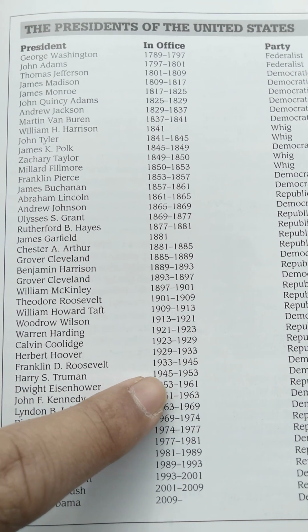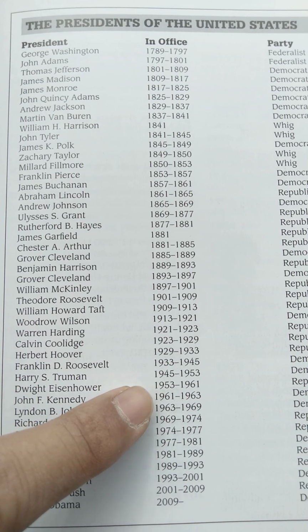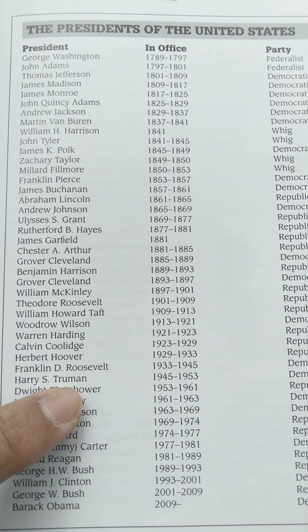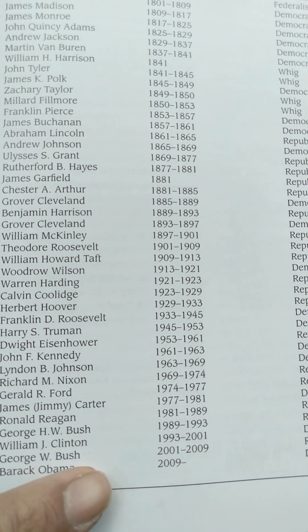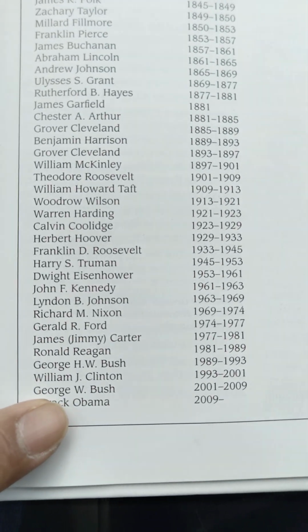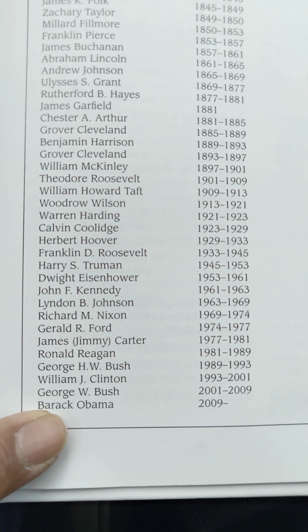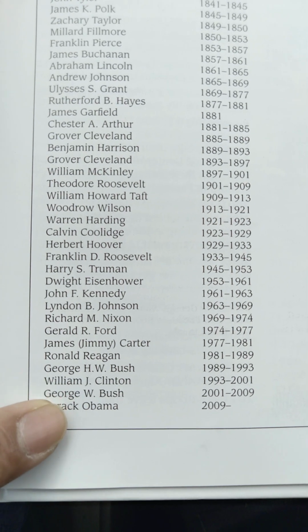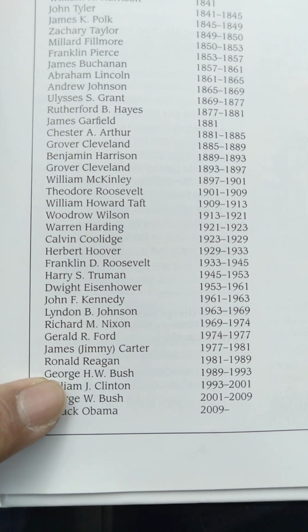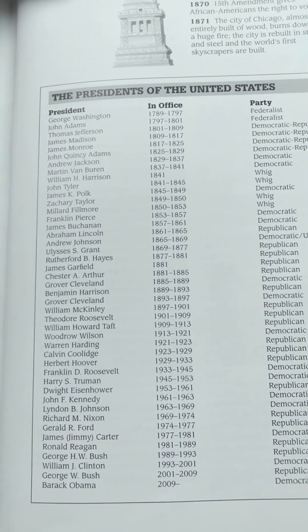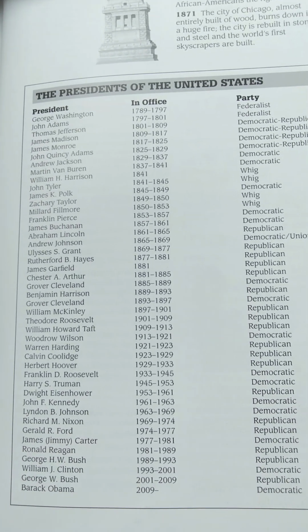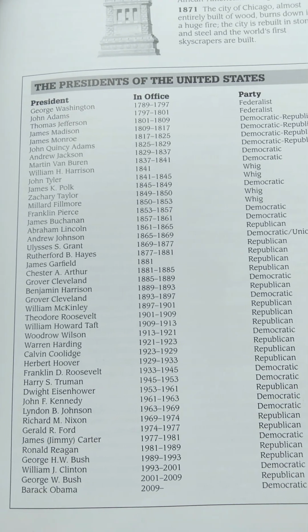So Harry S. Truman was from, well, the war presidents were Franklin Delano Roosevelt, Truman, Eisenhower, and at the tail end we have Bush from 2001 and Barack Obama. That's for the 21st century. And so you use sort of micro mnemonics or like micro patterns to break it down.